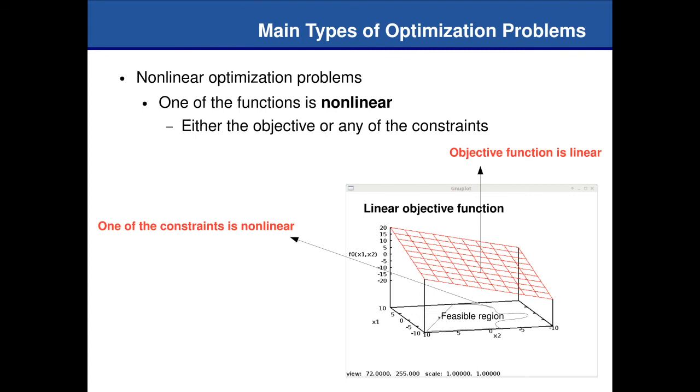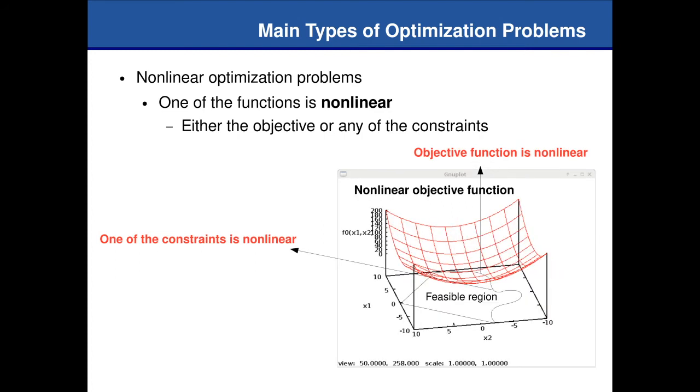But of course, depending on the problem, this becomes more and more complex. Nonlinearities bring more complexity to our problems. For example, this will be much more complex to solve, because here we have two linear constraints. Those are easy, but this one is a third nonlinear constraint with a nonlinear objective function.